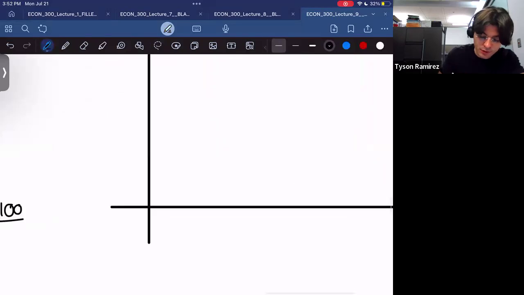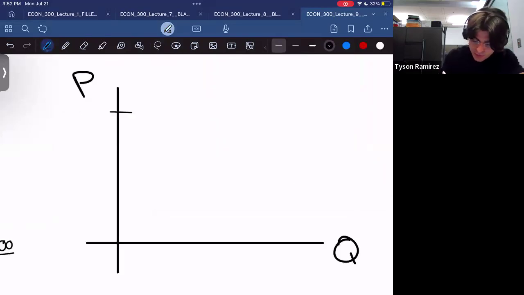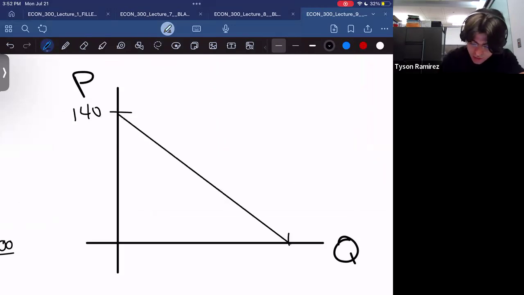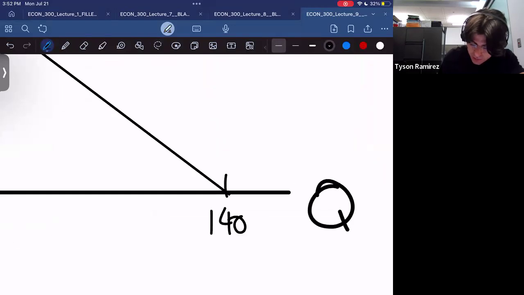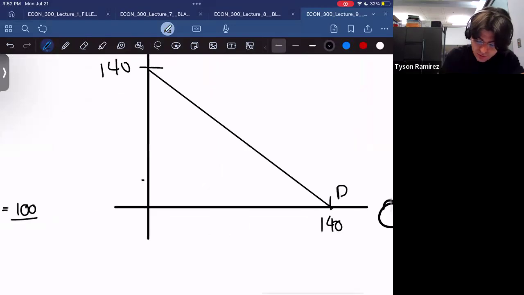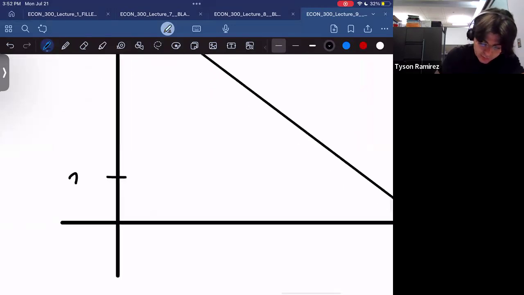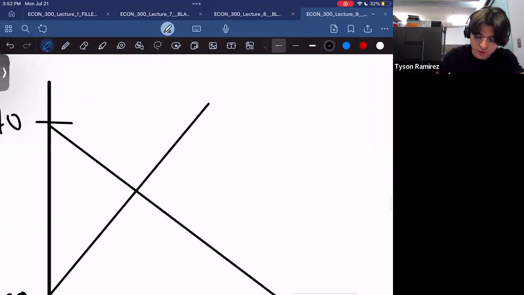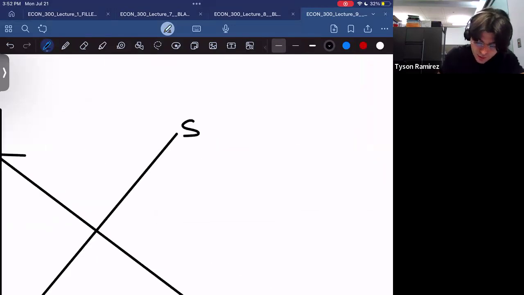And then our functions were 140. They don't have to be super accurate, all right? As long as the intercepts are right, the slopes don't have to be to scale. So this is our demand, and then our supply was 20 plus 2Q. That's just going to have a steeper slope, roughly twice as steep.